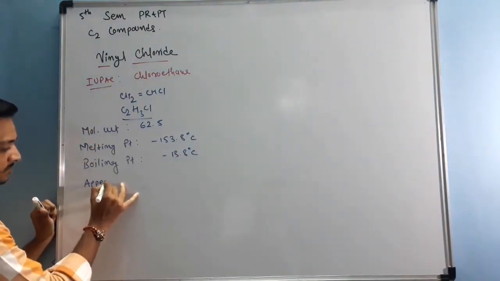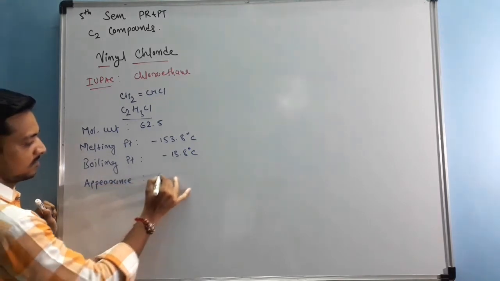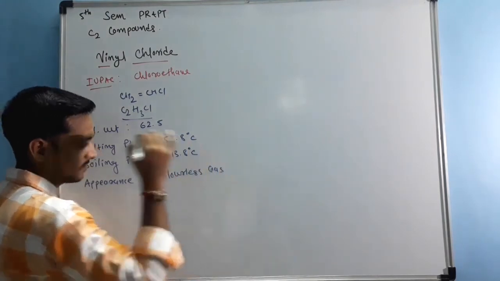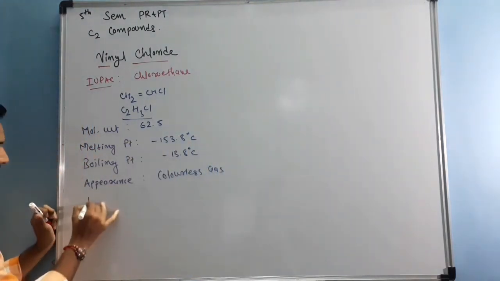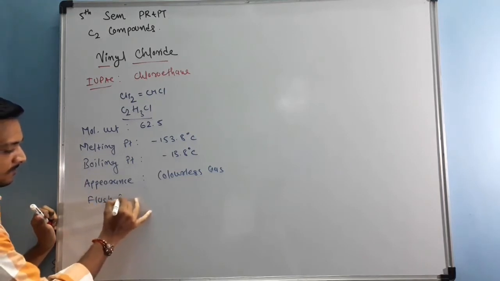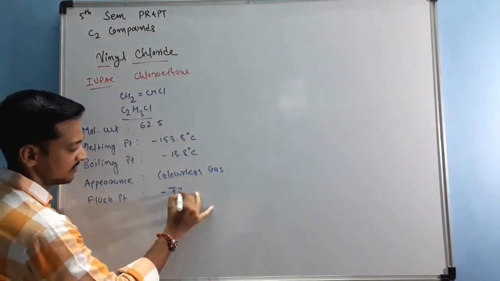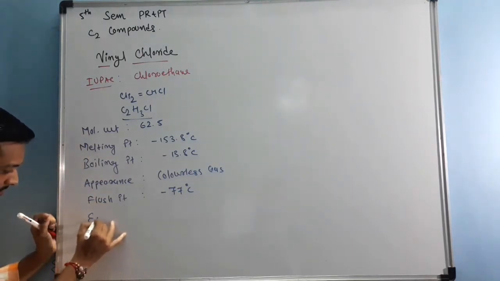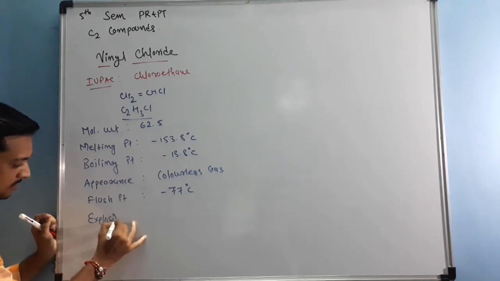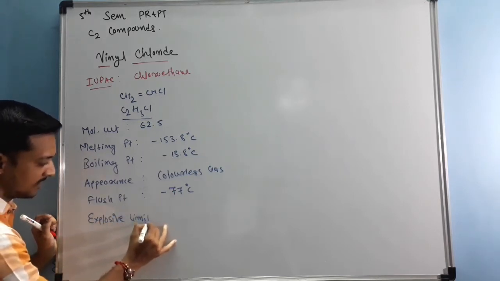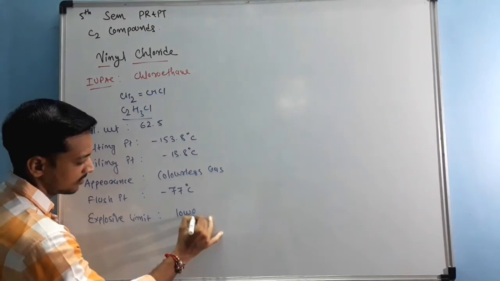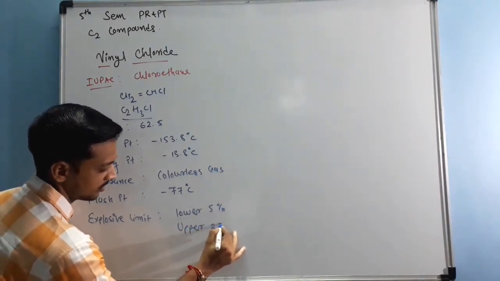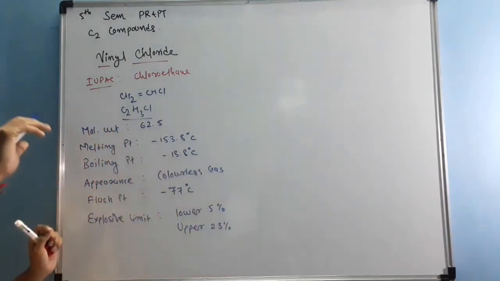Appearance: colorless gas. Okay. Flash point minus 77 degrees centigrade. Explosive limit: lower 5%, upper 23%.